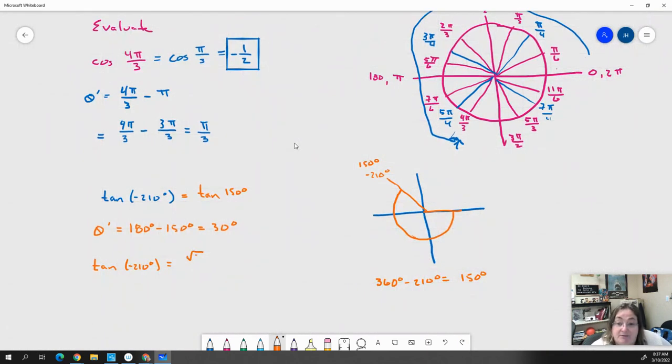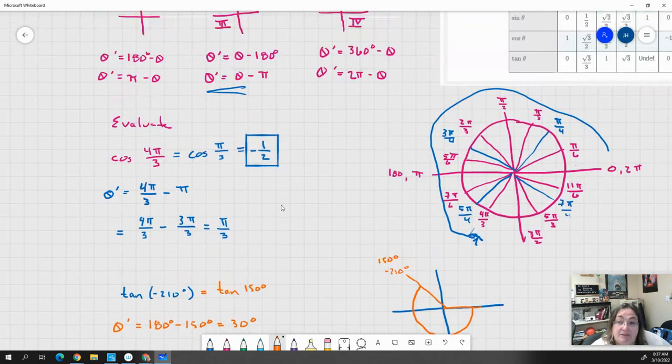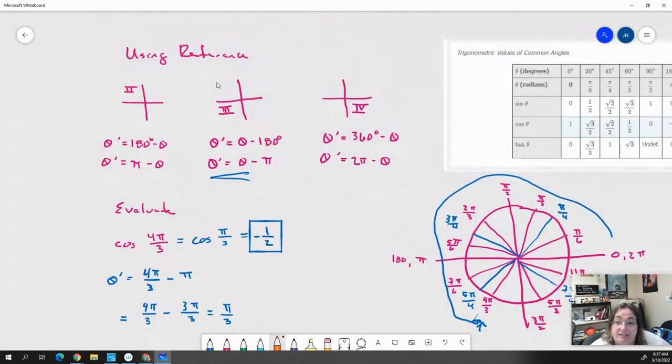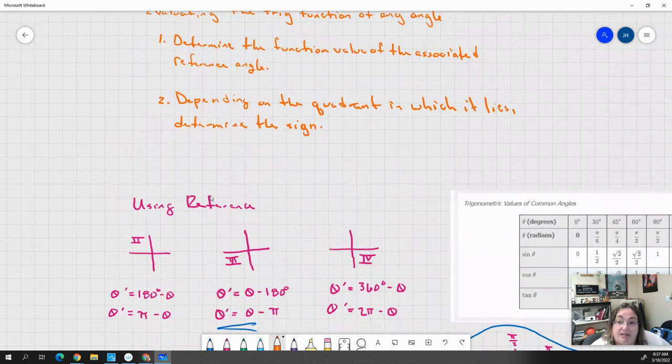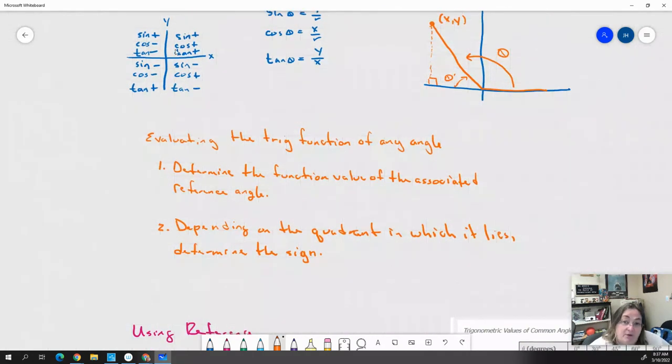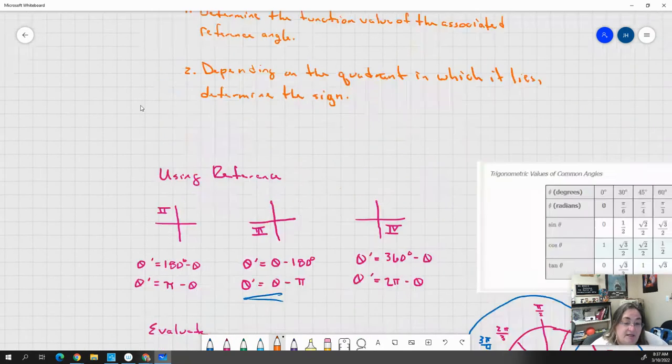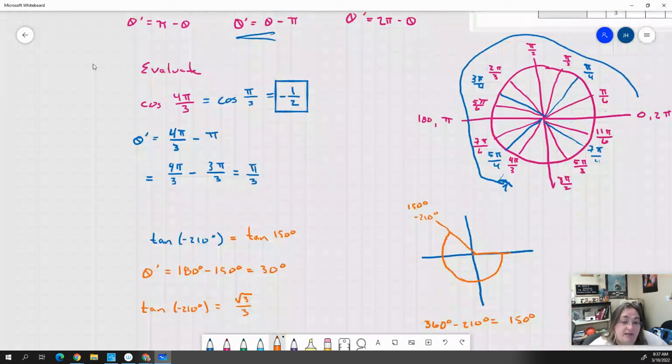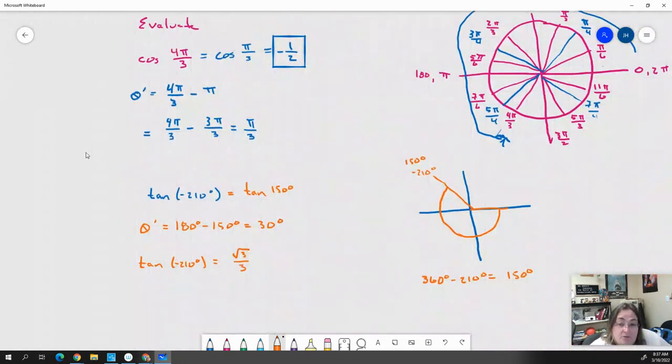So we know it's going to be radical 3 over 3, and if we look at what tangent is in the second quadrant, we have a positive over negative, so our tangent is going to be negative. So once we find it, we just have to figure out what the sign is, right?